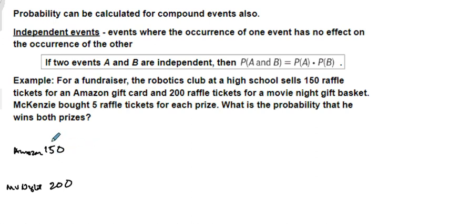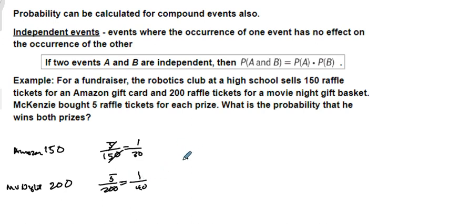What we're looking at is they have a 5 in 150 chance of winning the Amazon. And then the movie night, which is not related, they have a 5 in 200 chance. What we're going to do is multiply those together. Before we do that, I'm going to make this a little easier on myself and divide. 5 goes into itself once, and 5 goes into 150 30 times. 5 goes into 200 40 times, and into itself once.